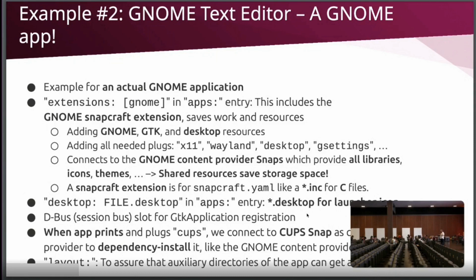So the core snap has slots where the plugs of your snap plug in. But any snap can also provide slots where other snaps can plug in. And if you have a GNOME desktop application, or a desktop application in general, you need to create also a slot, a dbus session bus slot for the GTK application registration, as the snap of the desktop is accessing your snap through that slot.